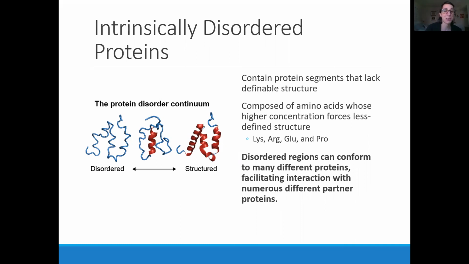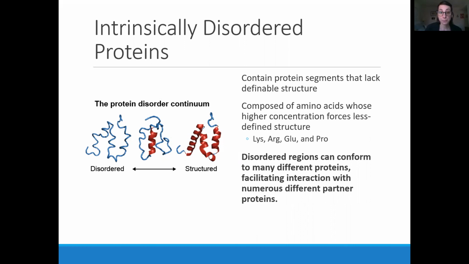Maybe they're held together by one or two non-covalent bonds, but generally they don't have any structure or order to them. So proteins can have either segments of this intrinsic disorder, or the protein can have large portions of it that is intrinsically disordered. Again, this happens only in the globular-like proteins.